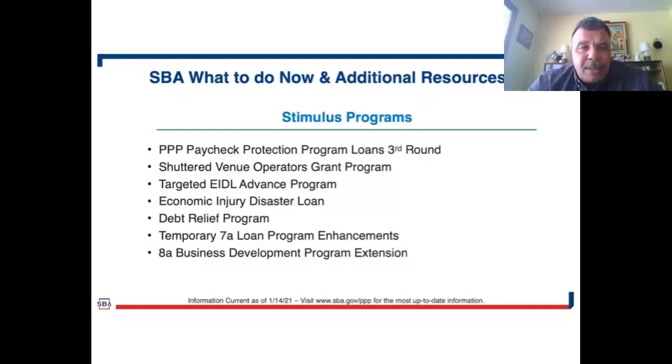That program is a business development program. And for those businesses that are in that program, it's 9 years. Normally, we're throwing on an extra year because COVID has wreaked havoc among our economic structure. Next slide, please.